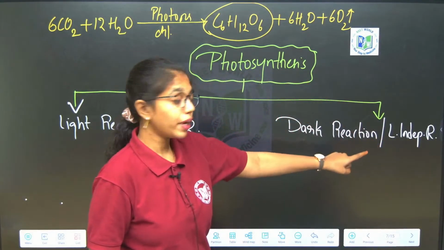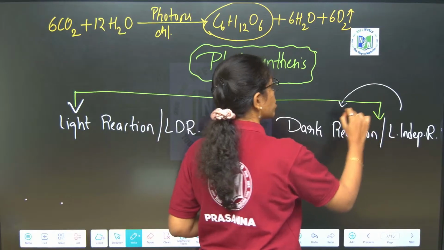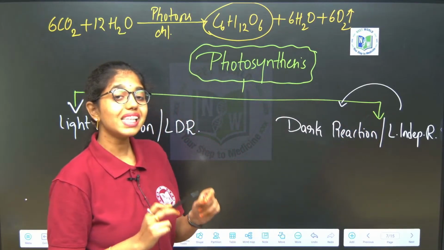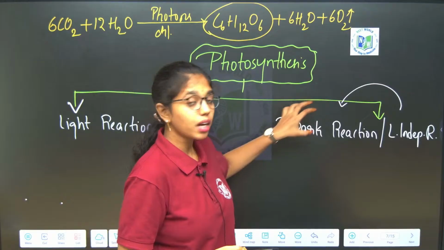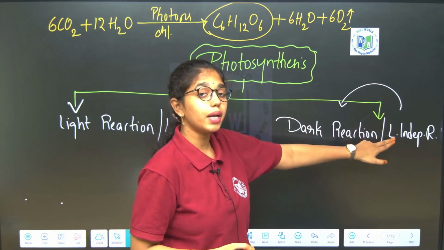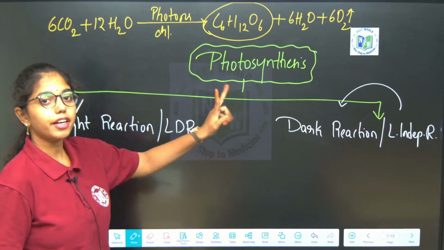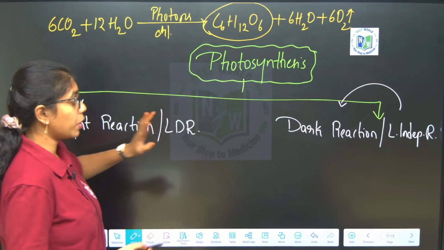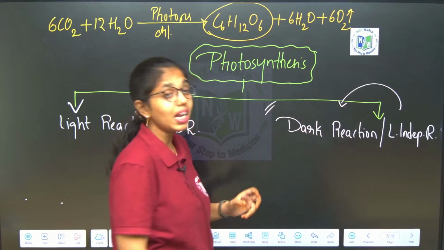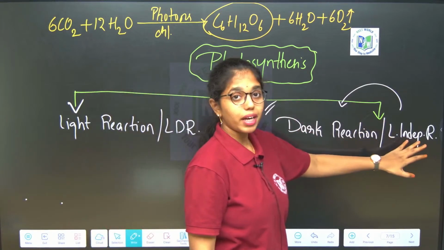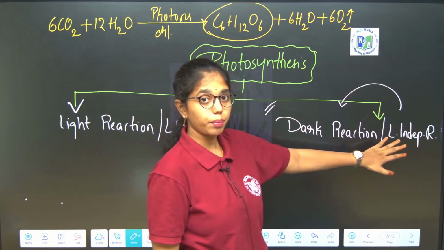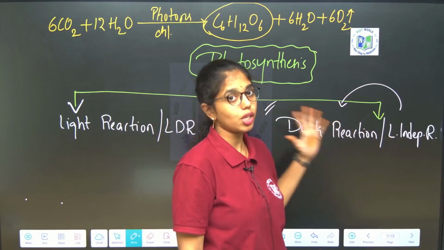Calling light independent reactions dark reactions is a misnomer, because it doesn't mean they take place in the dark, but only that they depend on the products of the light reaction, not directly on sunlight.